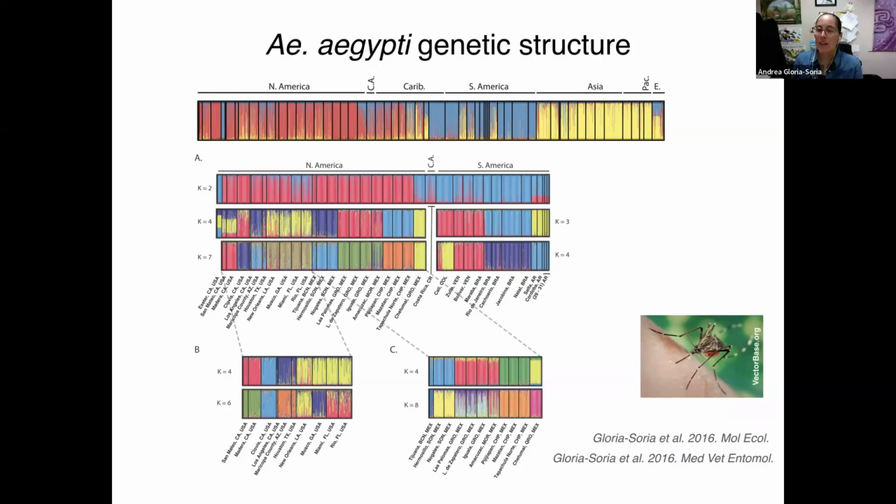And this genetic signature can act as a fingerprint to identify the origin of the individual. Moreover, we have shown that this genetic signature is stable over a period of time that we had looked at, which is up to 10 years.